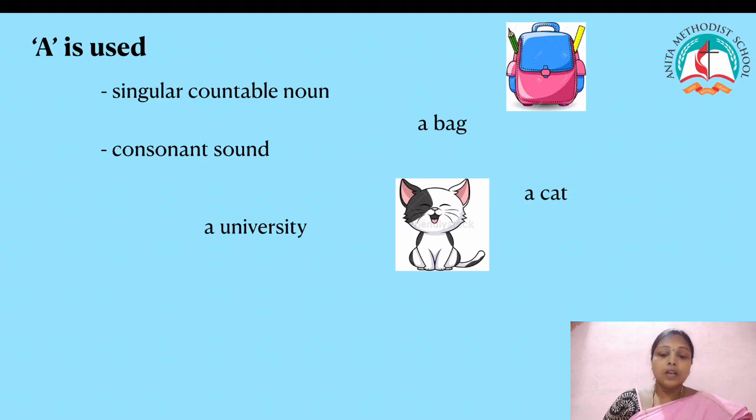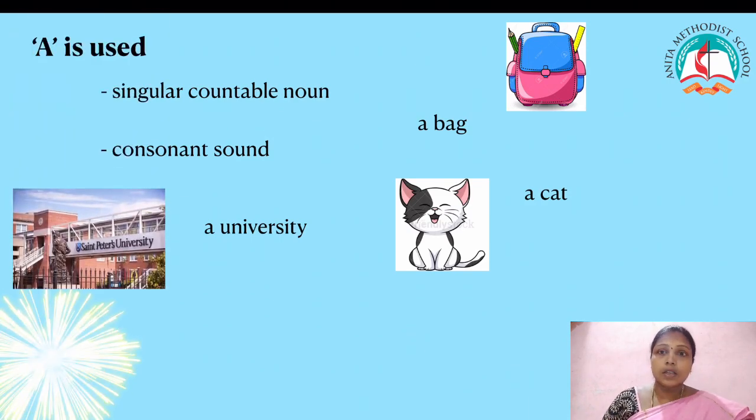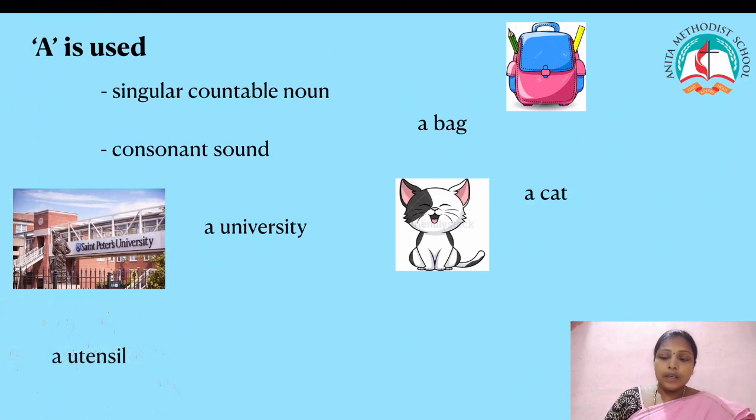For example, a university. But you all think U is a vowel. But I am telling you, here it is a consonant sound. Why am I saying this? Because the U in university is pronounced as the consonant sound Y-O-U, the U sound. The word university gives you the U sound. So we use a before a consonant sound. One more example.